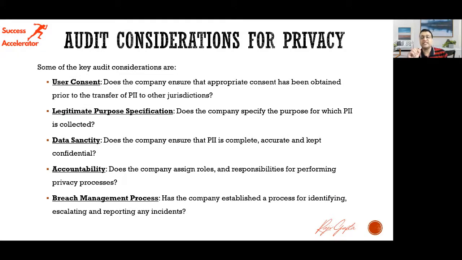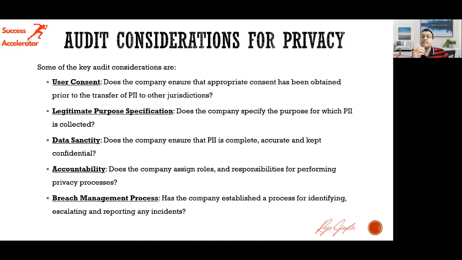Lastly, another important step which we as IS auditors check is, with all these great steps, with all these great actions being taken by the company, it is still possible that some breach may happen. Yeah, because you never know, someone may find some loophole in the entire process.